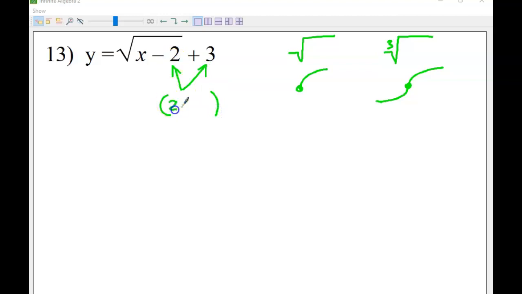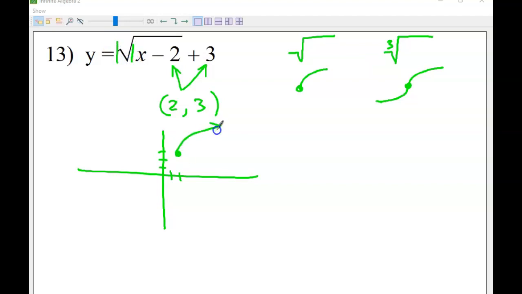So we take the opposite of that number, and that number is 3. That's my starting point. Over 2 up 3. Starting point is there. When you have a positive on the outside and a positive on the inside, it's up and right. And so that graph would look like that.